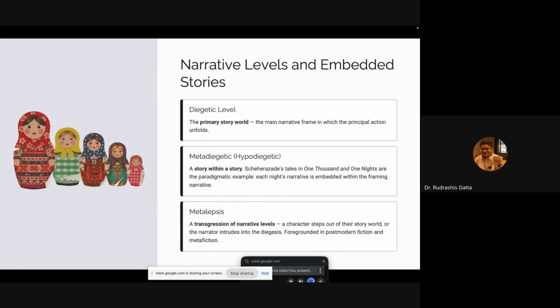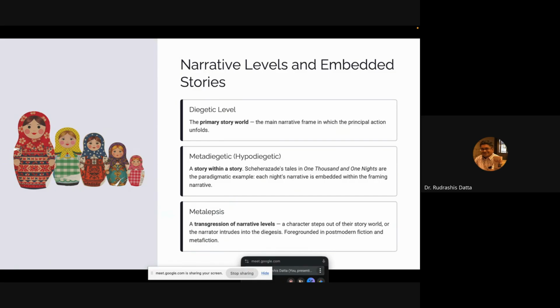Right? Now, what are the commonly seen narrative types? The first type is a very primary level narrative style, where the main narrative deals with a principal action.